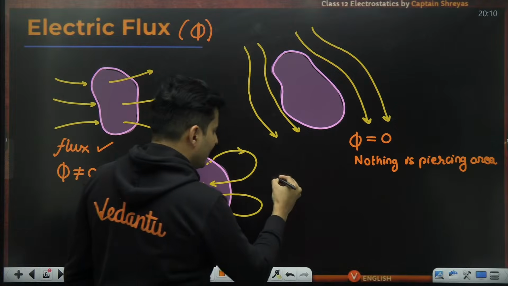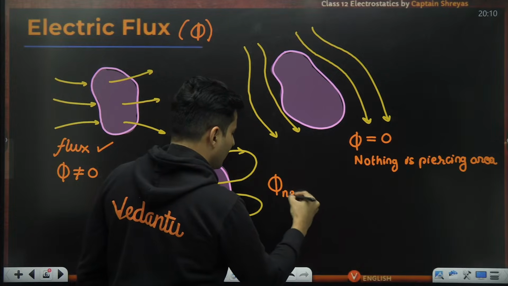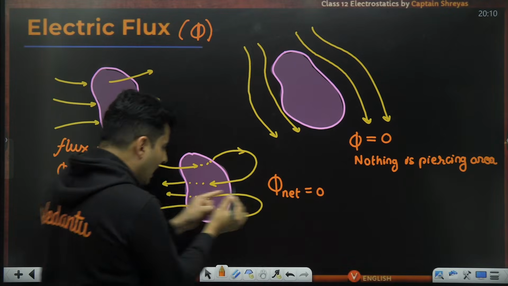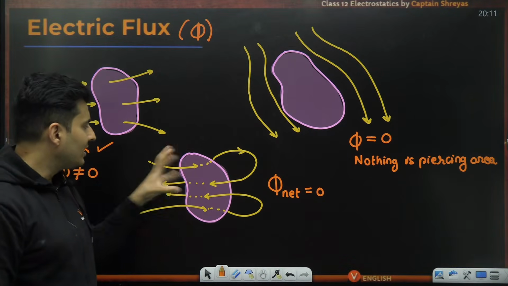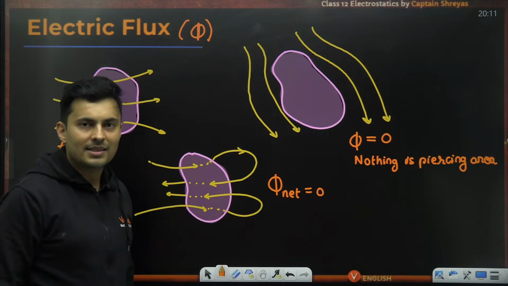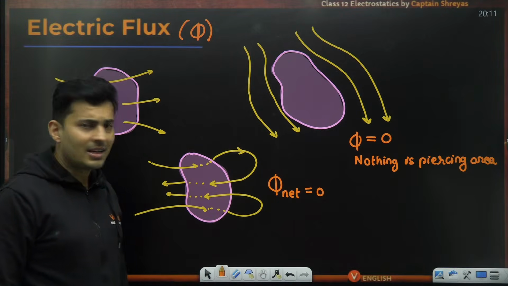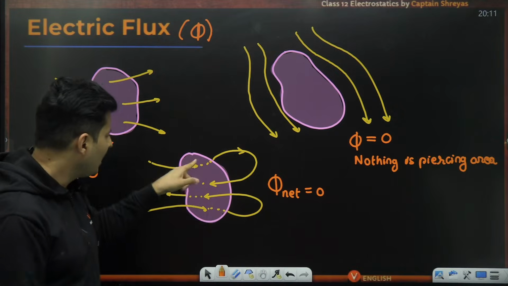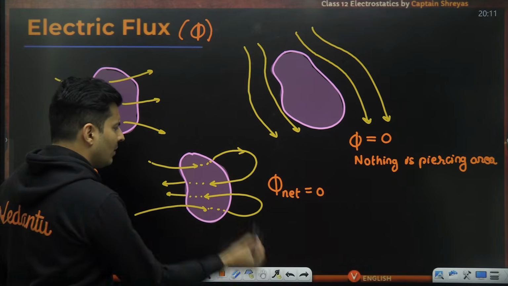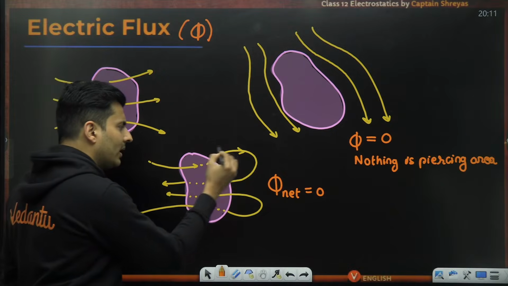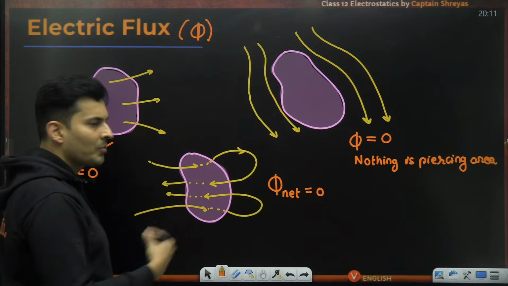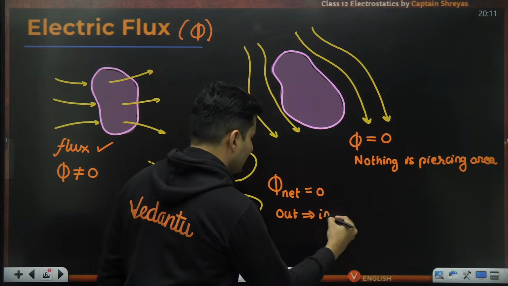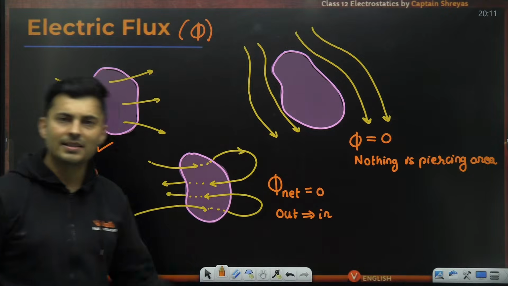So I will say that the net flux is zero, because whatever goes on to that side again pierces back over here. This is a very interesting case. A lot of people say, yes, sir, field lines are piercing, flux is there. Yeah, maybe in this region flux is there, but if you consider this entire area, whatever lines go out are coming back in. Hence, the net flux is zero.